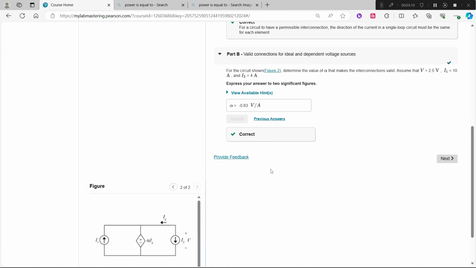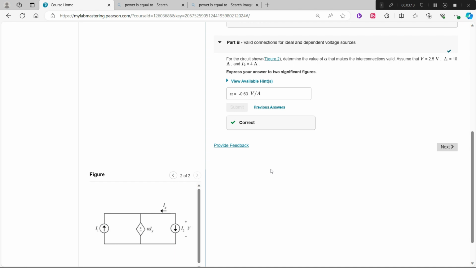You're given the voltage is equal to 2.5 volts, I1 is equal to 10 amps, and I2 is equal to 4 amps.